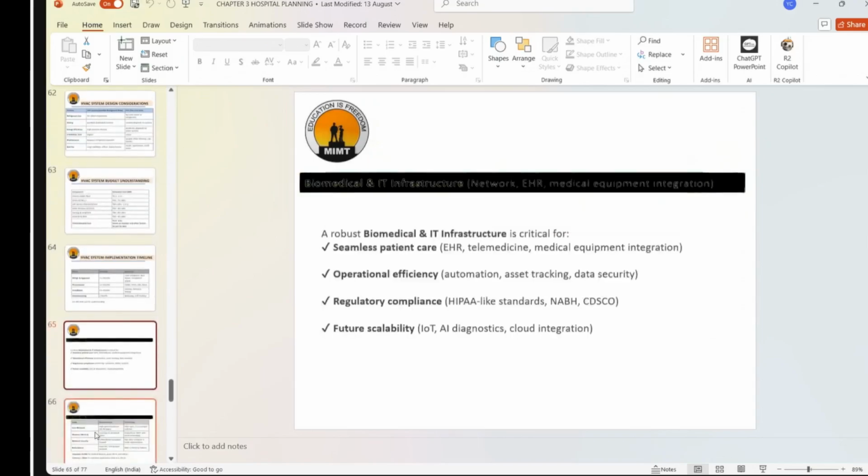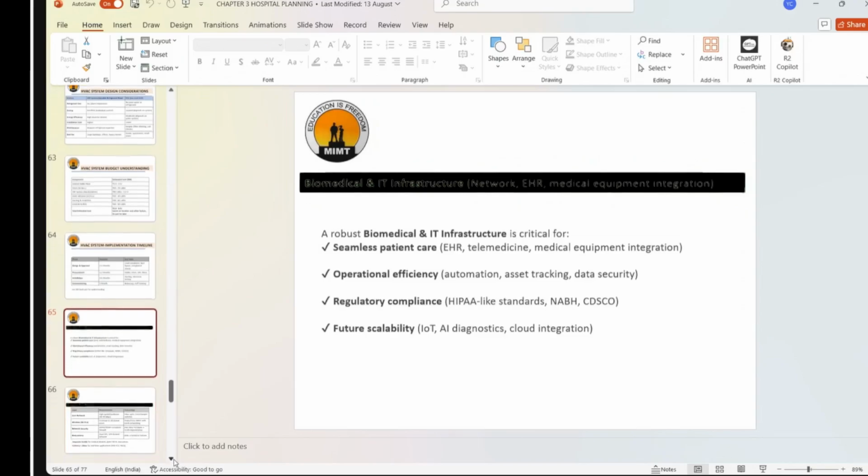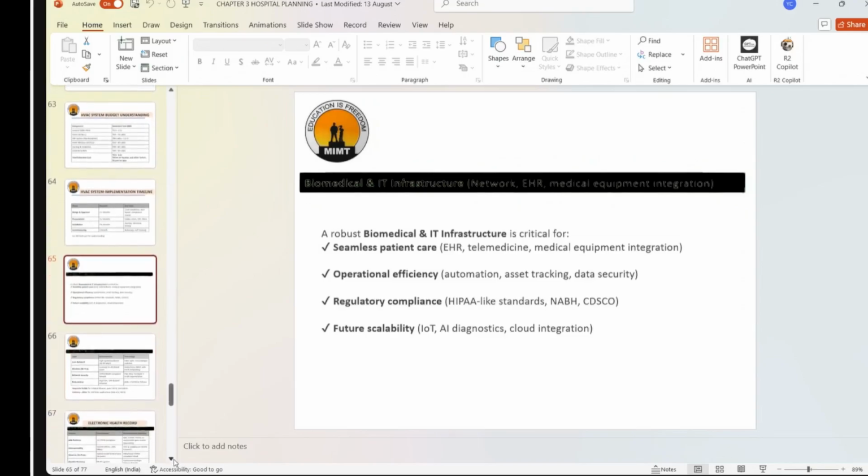Okay. Then one more part I want to cover in this chapter. That is the biomedical and the IT infrastructure. That is also an important part whenever you are planning the hospital. As you are very well aware, you have knowledge of the importance of technology.